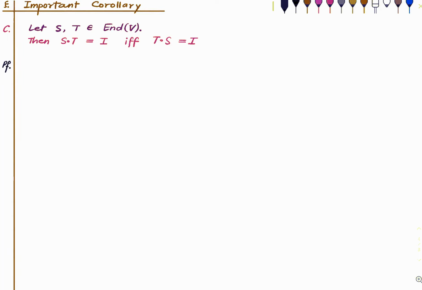All right. So how do we do this? Assume ST is identity, and we want to show that TS is identity. So first of all, note that since ST is identity, T is injective and S is surjective.